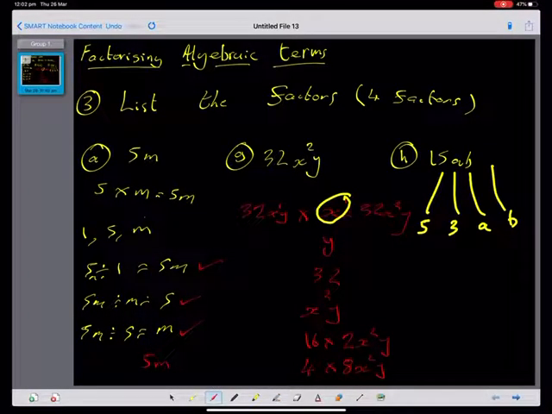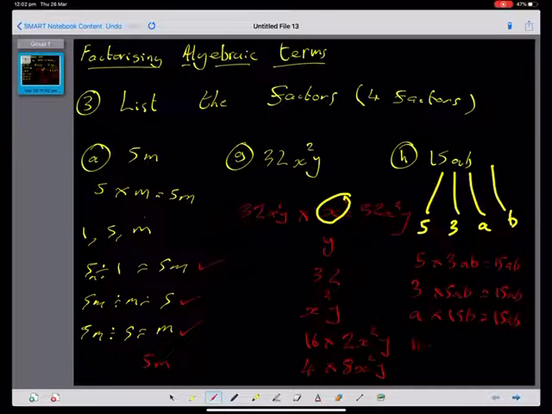So 5 is a factor because 5 times 3ab is 15ab. 3 is a factor because 3 times 5ab is 15ab. A is a factor because 15b times a is 15ab. B is a factor because 15a multiplied by b is 15ab.